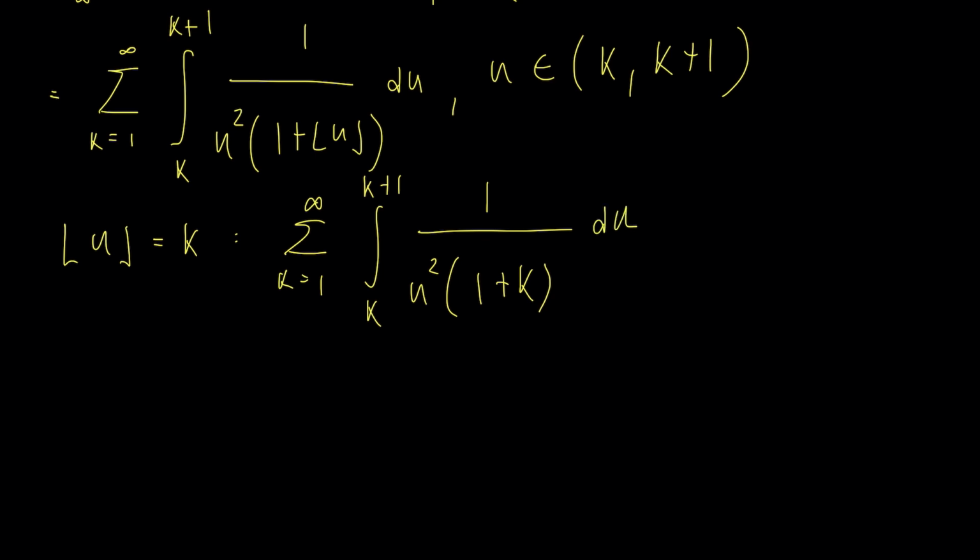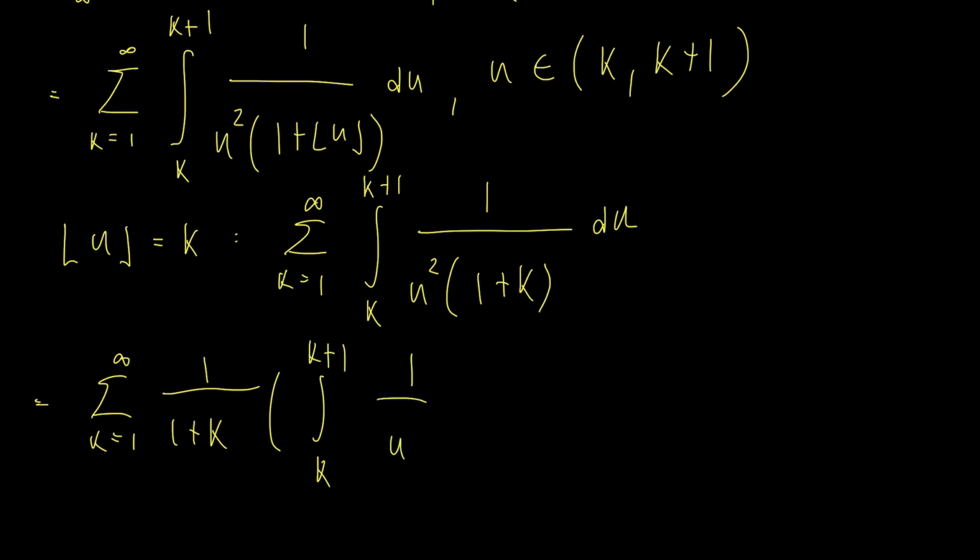We could factor the 1 over 1 plus k factor. So we have the sum from 1 to infinity, 1 over 1 plus k, times the integral from k to k plus 1 of 1 over u squared du.